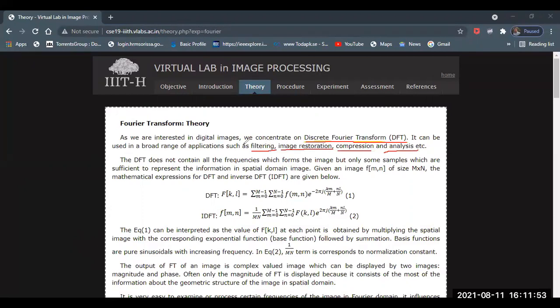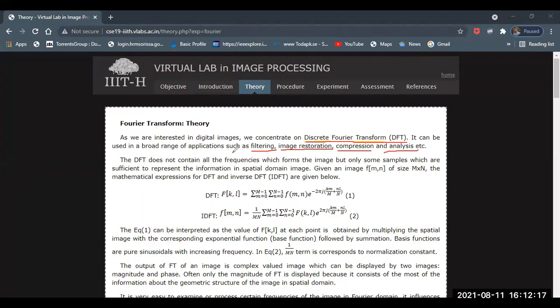Then the DFT does not contain all the frequencies which form the image, but only some samples which are sufficient to represent the information of the spatial domain. So the first point to note is that whenever we perform a DFT, it does not mean that the entire image is converted to the frequency domain.